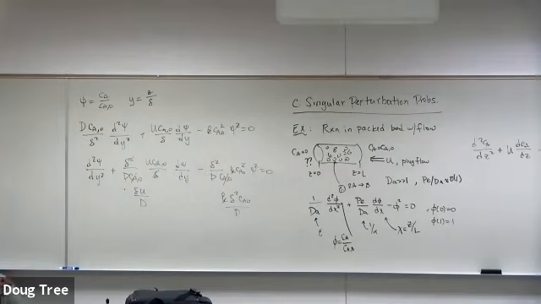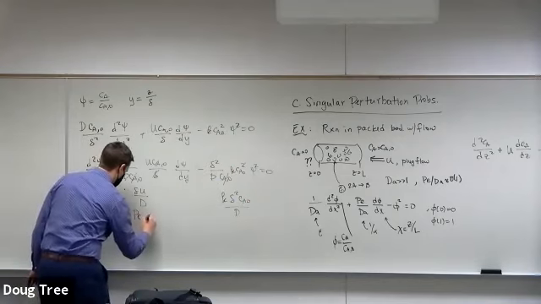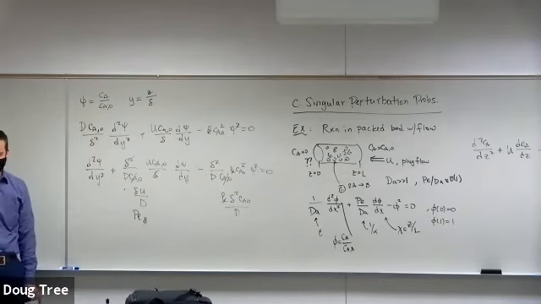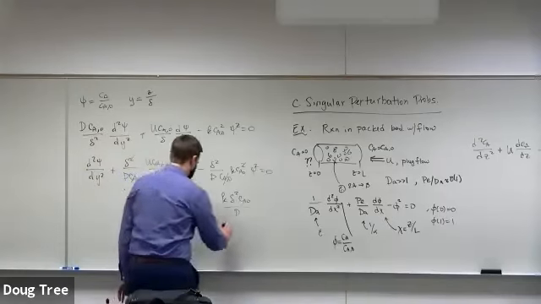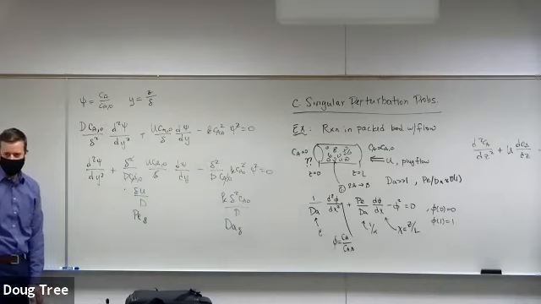Okay, and this is like a Peclet number, just like I had before. So this is a Peclet number, but now on the length scale of delta. And this is a Damkohler number, now on the length scale of delta.